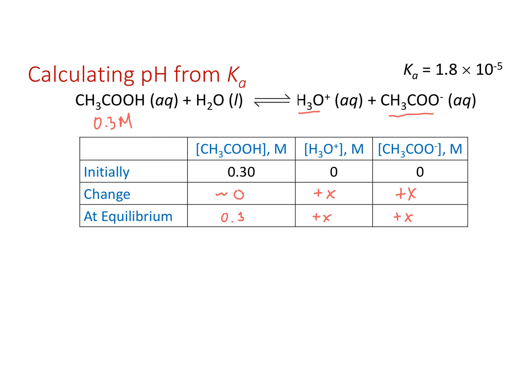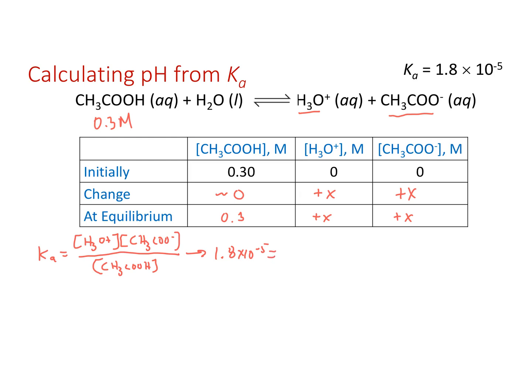So here's our equilibrium expression for this acid, right? Ka equals the concentration of hydronium times the concentration of acetate all over the concentration of acetic acid. And we know that value of Ka is 1.8 times 10 to the minus 5.